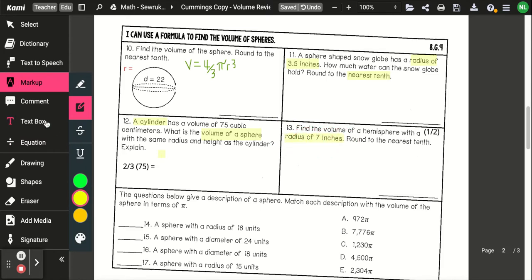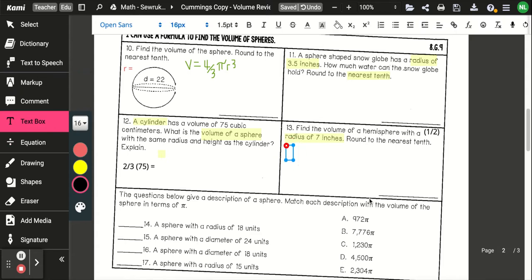So remember, you're going to do the volume of a sphere equals 4/3 pi times r cubed. I hate how I have to write that because I'm typing, but hopefully you can match that up with the formula that you write.